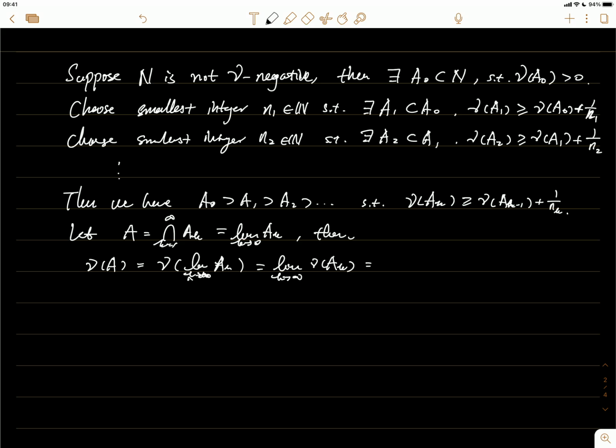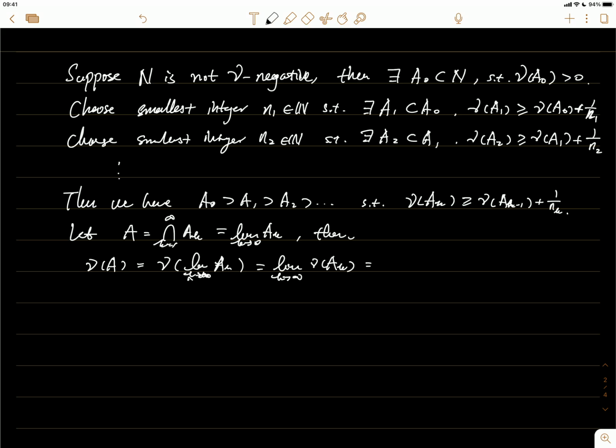what? Remember that we're kind of taking a telescoping sum, because this is essentially just the sum, the limit of, should I say, this?